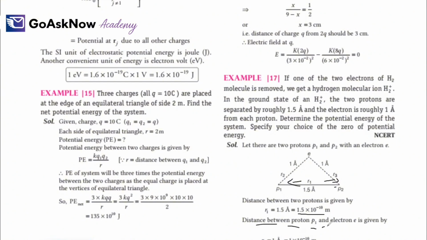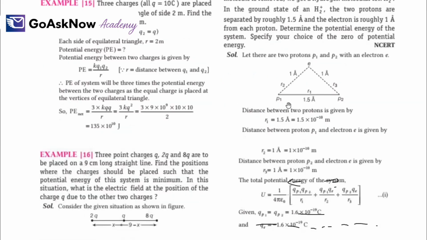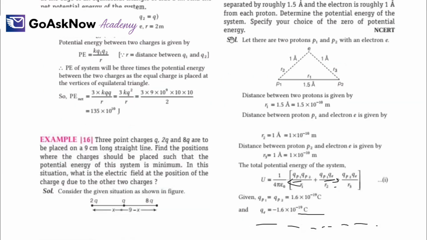Distance between proton P1 and electron E is given by, just a second. Yes. So it is given by R2 and it is equal to 1 angstrom. See here it is 1 angstrom. It is specified also here. So it is equal to 1 into 10 power minus 10 meter. The total potential energy of the system is what? This is the sum of the potential energy of each charge pair.